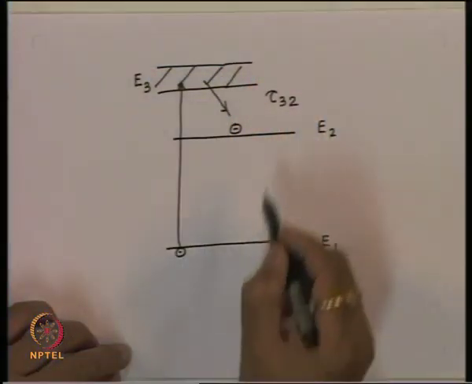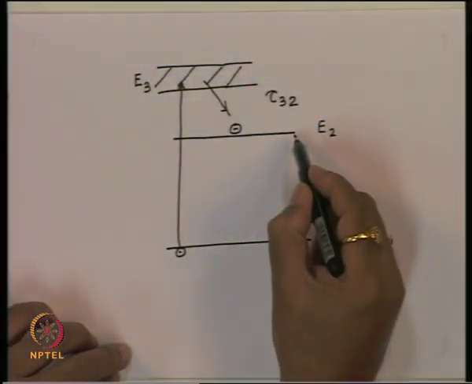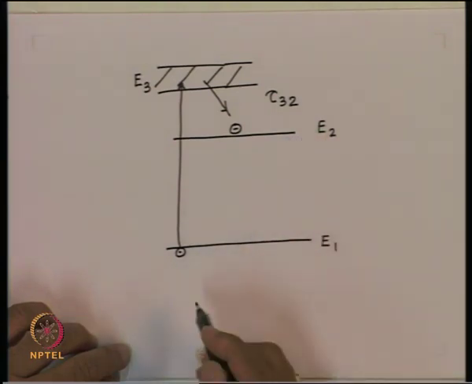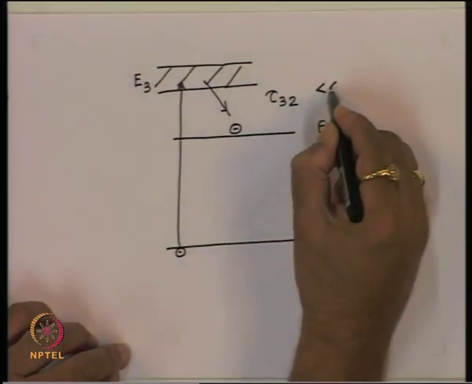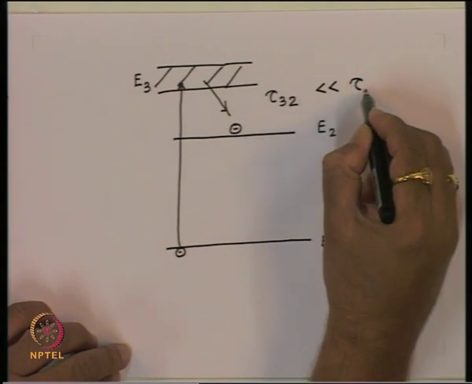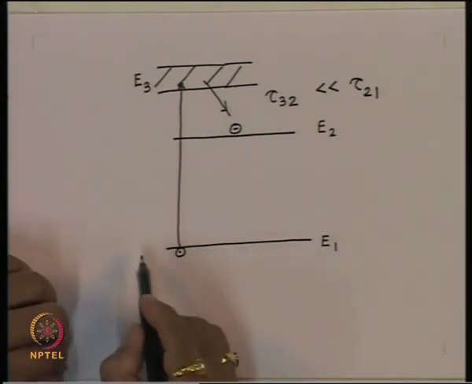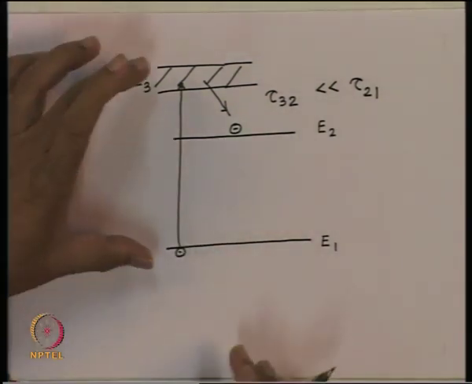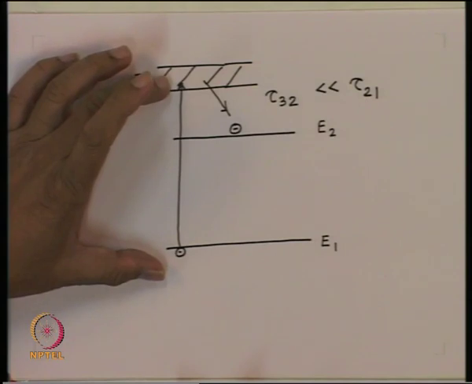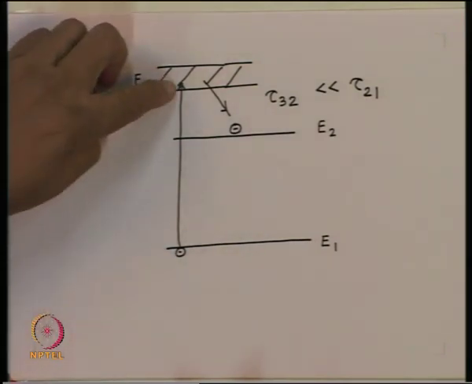So, let us say this time constant is tau 3,2. That means the relaxation time from level 3 to level 2. And if this time constant is much smaller compared to the time constant corresponding to energy levels 2 and 1, so, if it is much smaller compared to tau 2,1, then as the energy is supplied to this system corresponding to this energy difference, E3 minus E1, the electrons will be transported to this level.